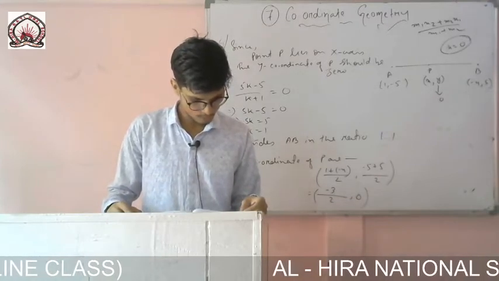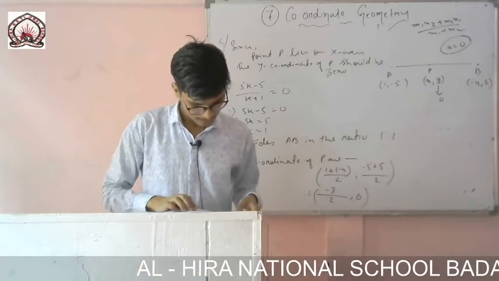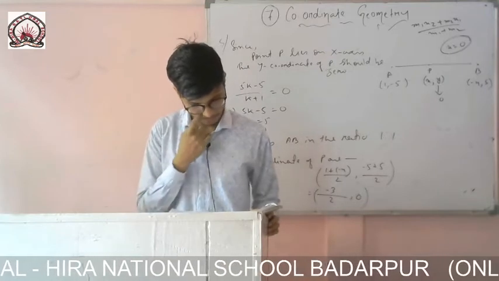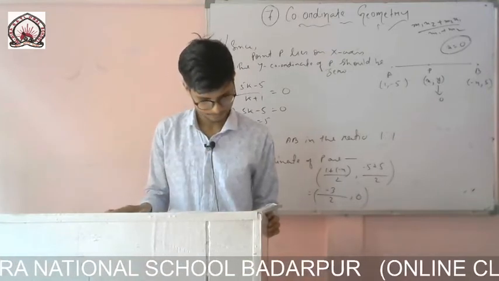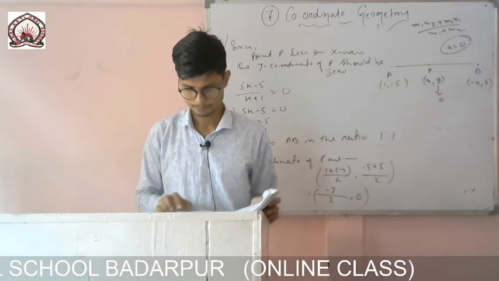Now let us go to question number 6. If the four points are the vertices of a parallelogram taken in order, find x and y.